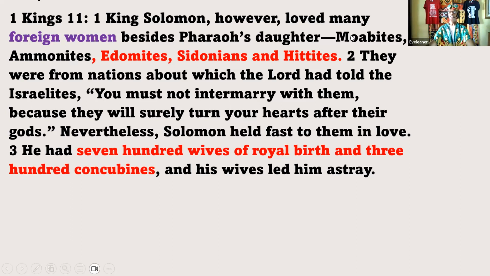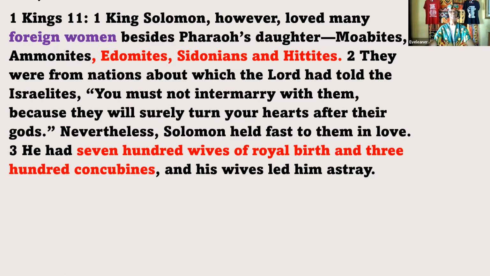These are actually the descendants of Lot's two daughters, who thought that Lot was the only male left and needed to carry on their family line. They unfortunately had relations with their father, and the Moabites and the Ammonites are the descendants of that.